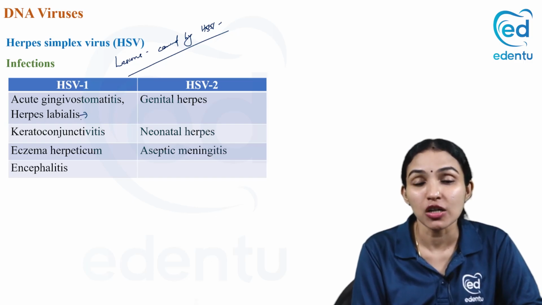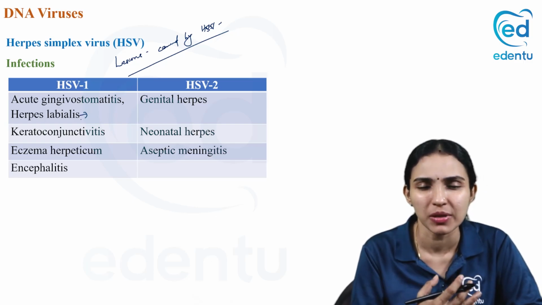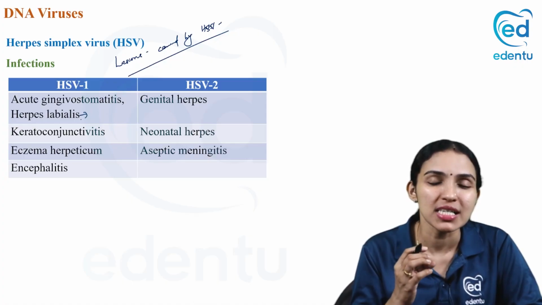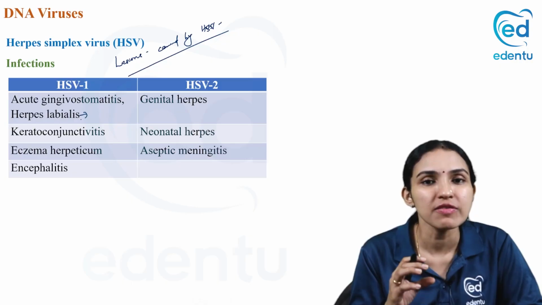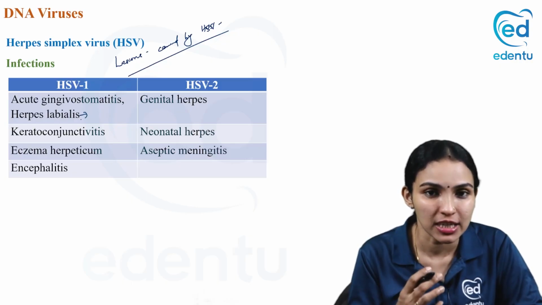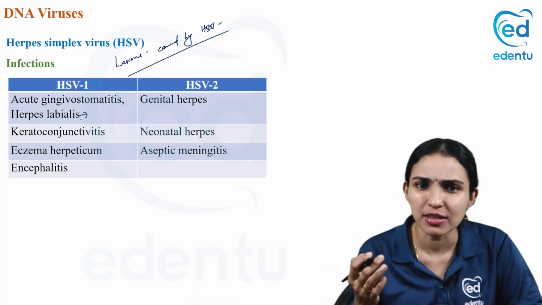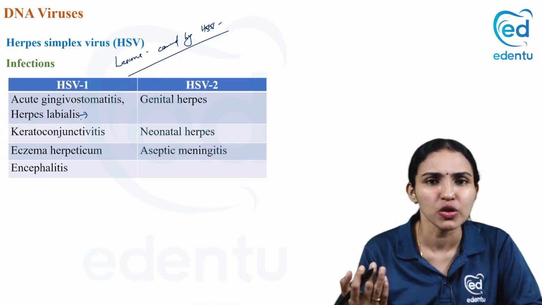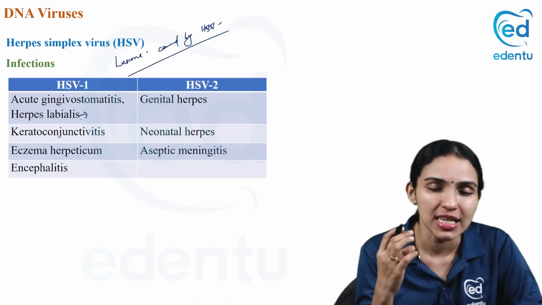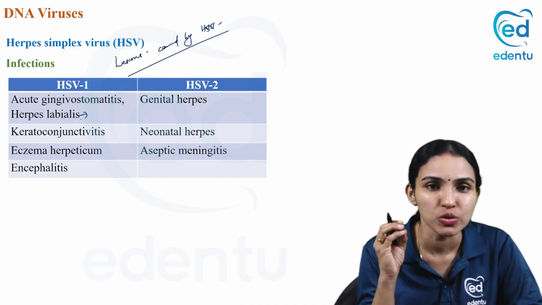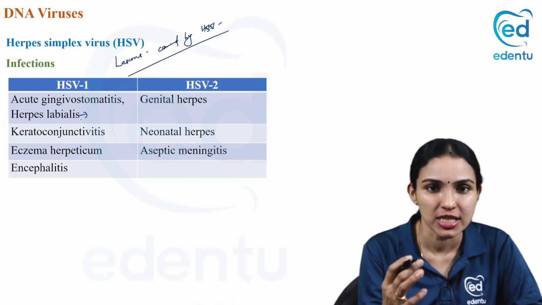In herpes labialis, it can be recurrent herpes labialis. If a person has a herpes infection for the first time, the virus will remain latent in the nerve ganglia, in the dorsal root ganglia. The second time, when the patient gets any other kind of viral fever or any other fever, there can be reactivation of these viruses in the ganglia, and they will go back to the region of the nerve supplied by the ganglia and produce lesions there.